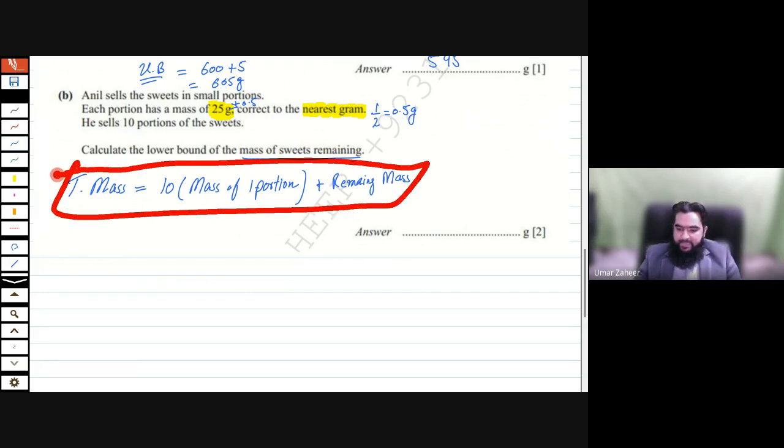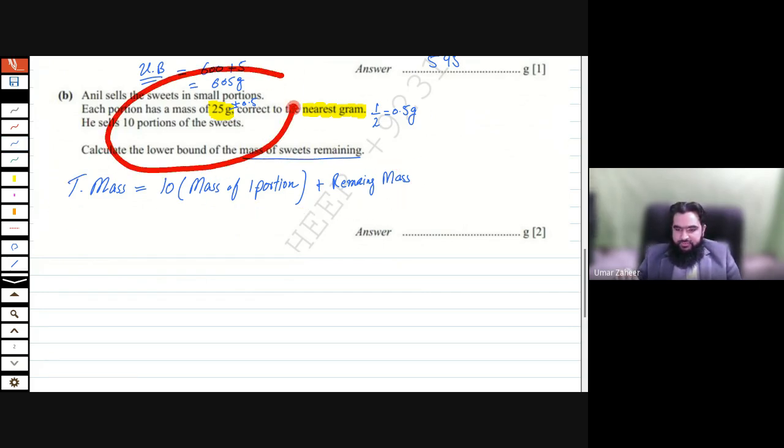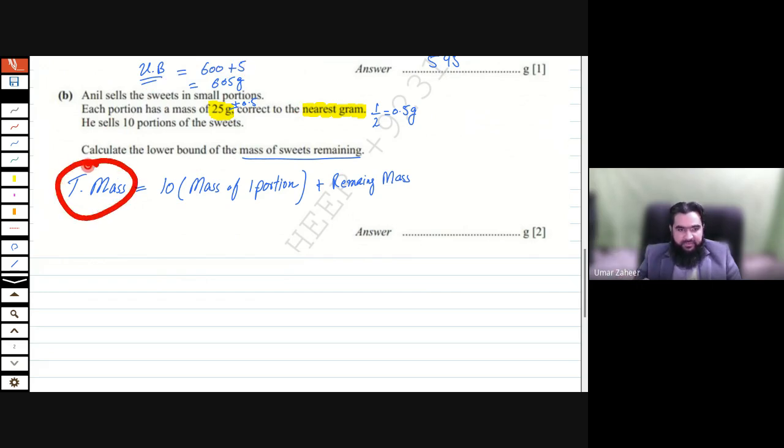Is it clear? According to the given situation, we have a total mass. So the total mass is going to be divided into 10 portions, and obviously 10 multiplied by the mass of one portion, that is 25 grams, plus obviously you are going to get a remaining mass. In the question, he says that you have to find the remaining mass. So take this value to the other side.